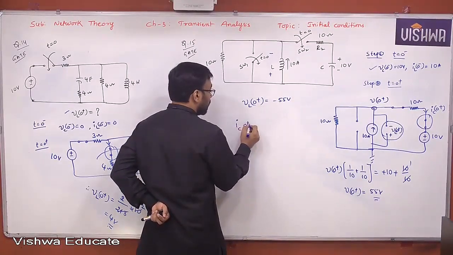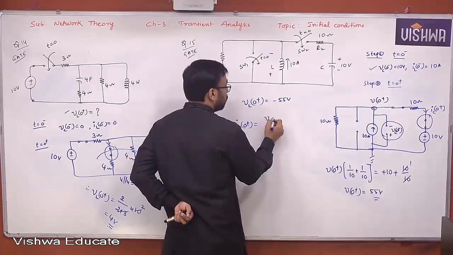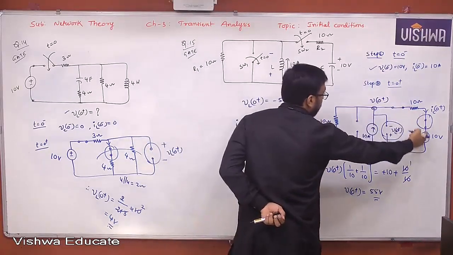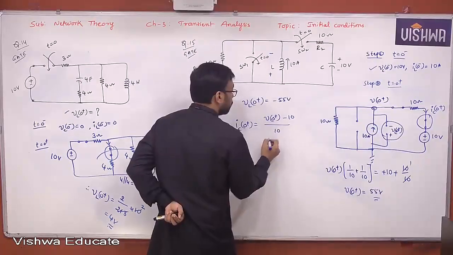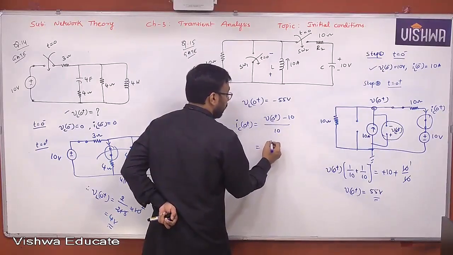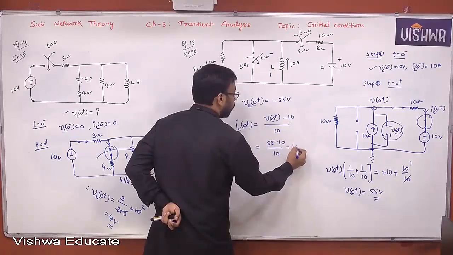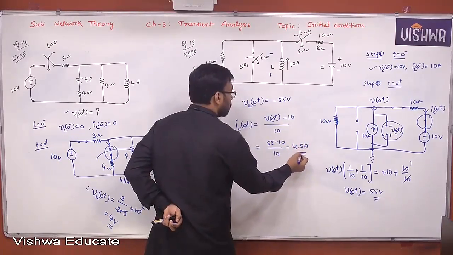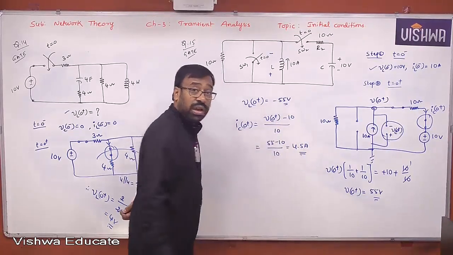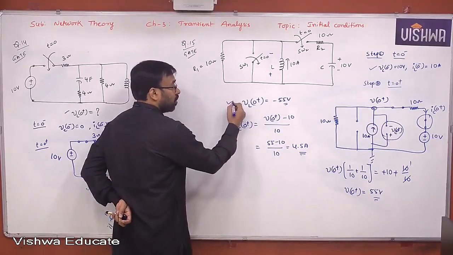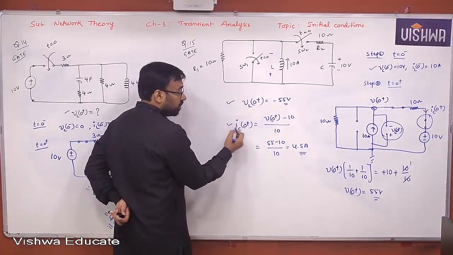IC of 0 plus is V of 0 plus minus 10, divided by 10. So 55 minus 10 by 10, 45 by 10, that is 4.5 amperes. Yes or no, all of you? Finally you got VL of 0 plus as minus 55 and IC of 0 plus as 4.5.